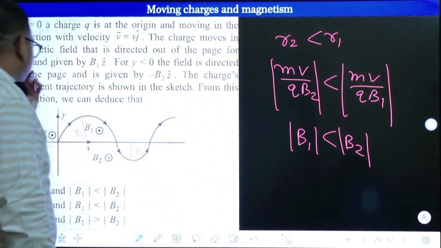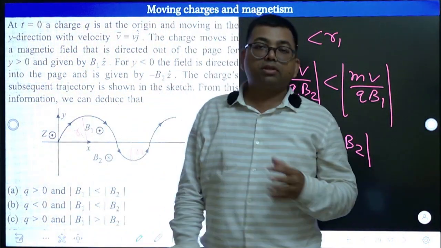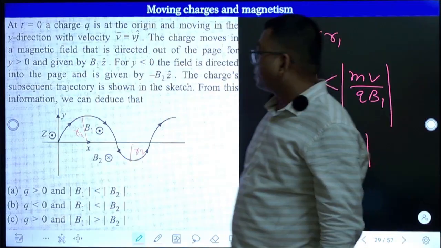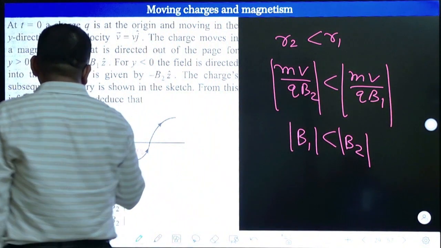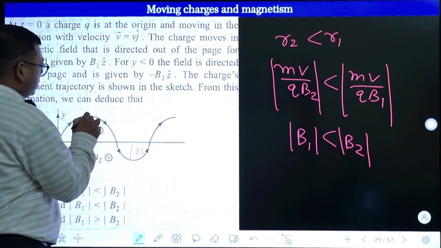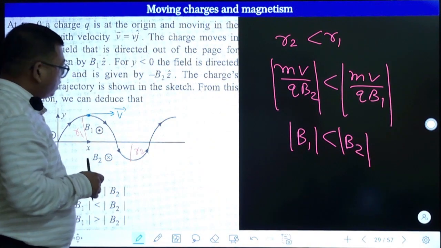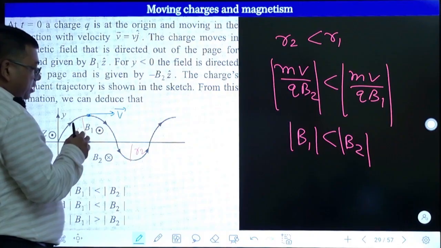Now what about the charge? Now you see here the direction of force. Suppose you look at the topmost point here: the velocity vector is this way, right? And the magnetic field is coming out.